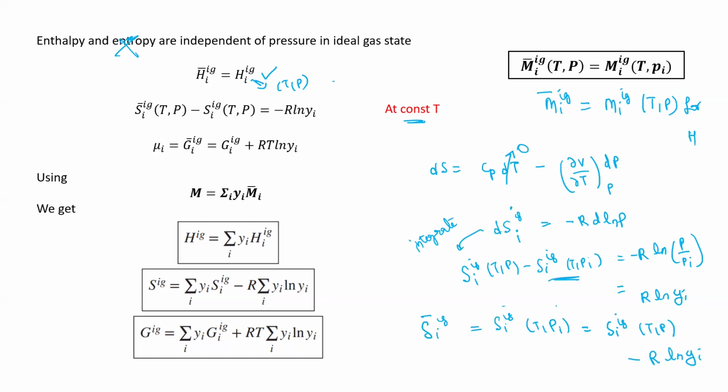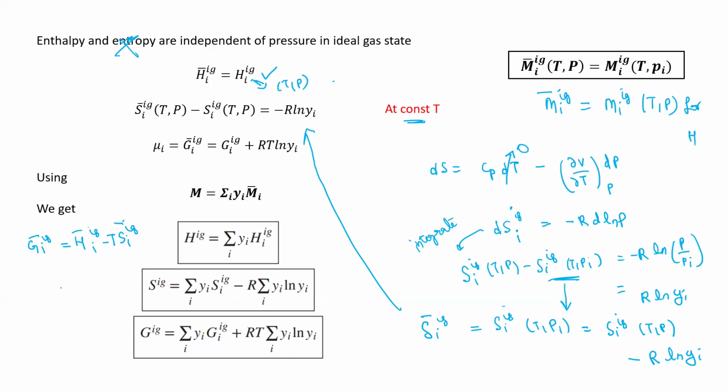So this is inserted here. Okay, so this is how we get this equation. The next equation is G_i^ig bar. So we know G_i^ig bar equals H_i^ig bar minus T S_i^ig bar.